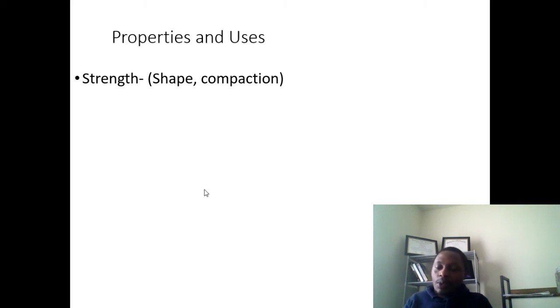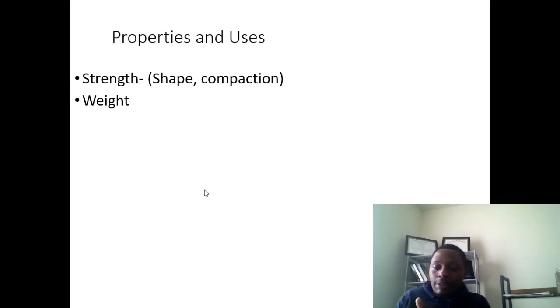Okay, so know what compaction is and be able to define compaction, know what cohesion is and define cohesion. Okay, and then know how those two terms are related to moisture content. Okay, but ideally compaction increases strength. Okay, remember that compaction increases strength.